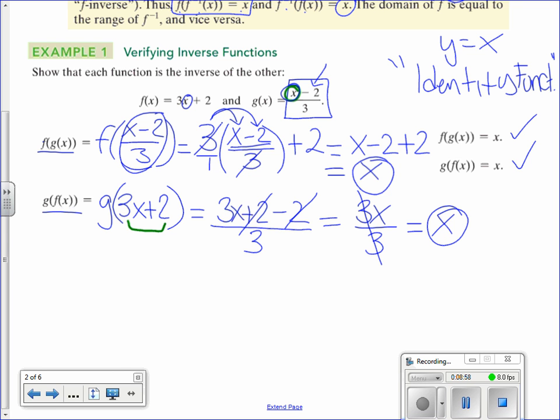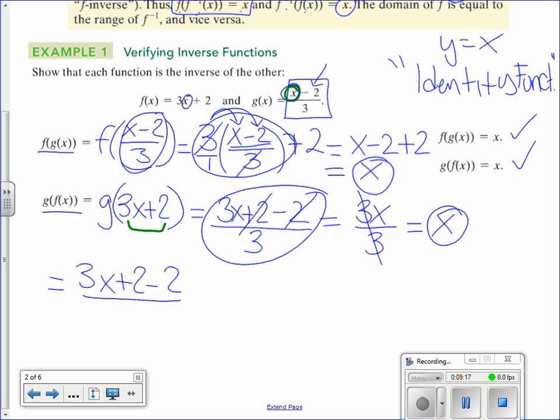Now, when I ask you to show that on your test, you're going to have to show me the steps in between. If you don't do that, then you will more than likely not get credit for it. So what I mean is that you can't do something like this. If you do that, I'm not going to give you credit. You need to show me why.